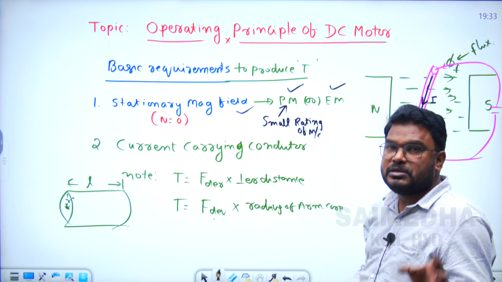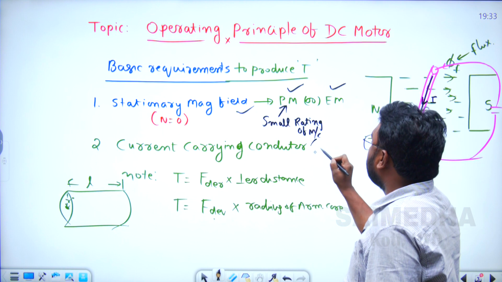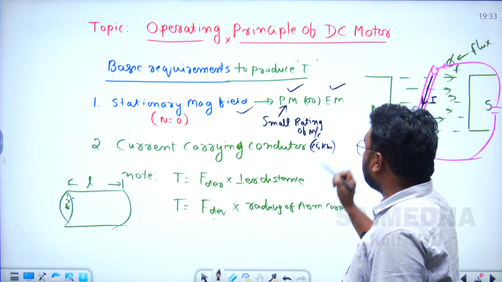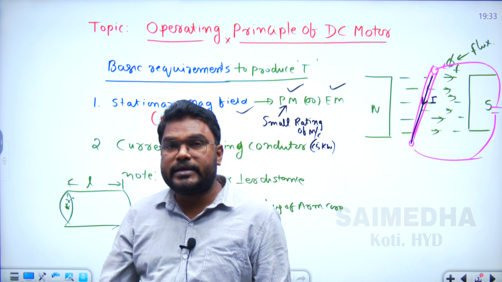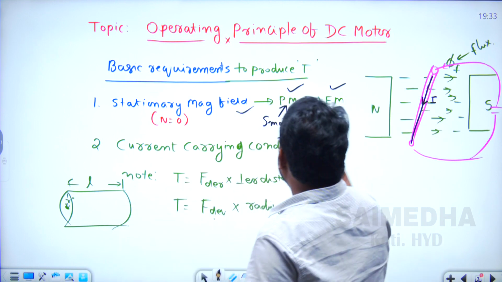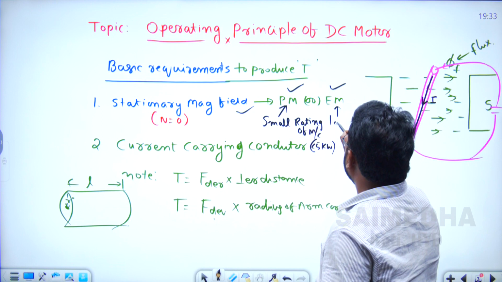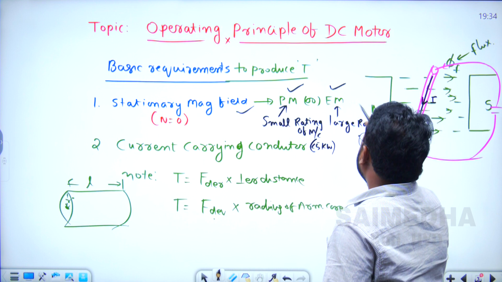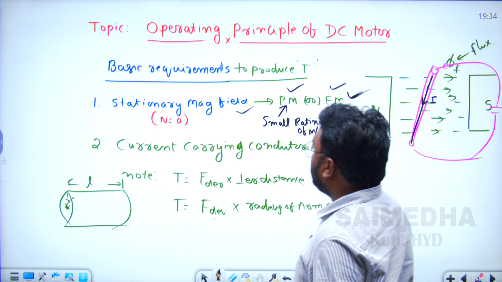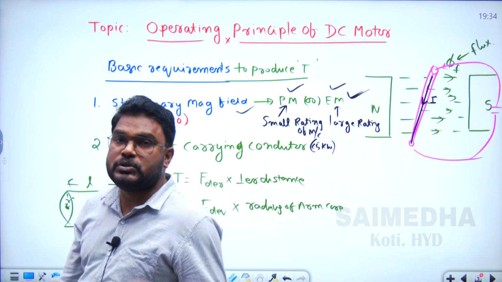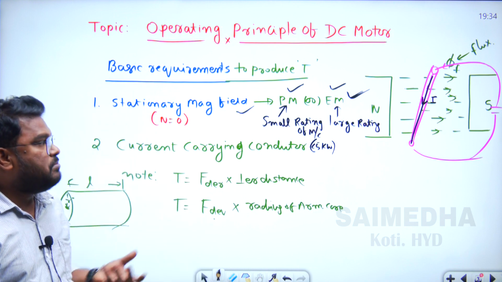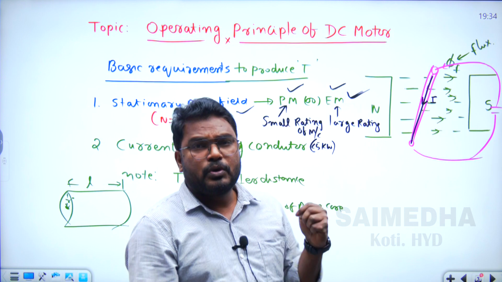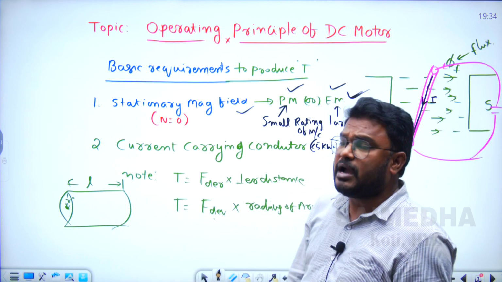A rating of less than or equal to 5 kilowatts is known as a small rating. For ratings more than that, electromagnets are used to produce the stationary magnetic field.